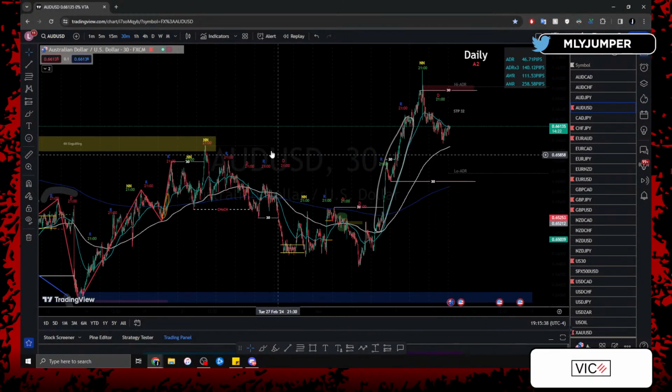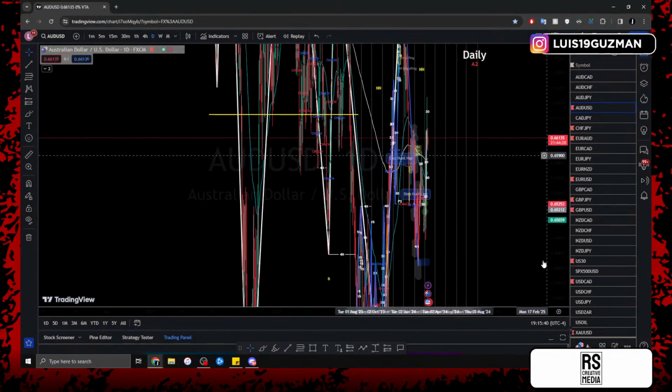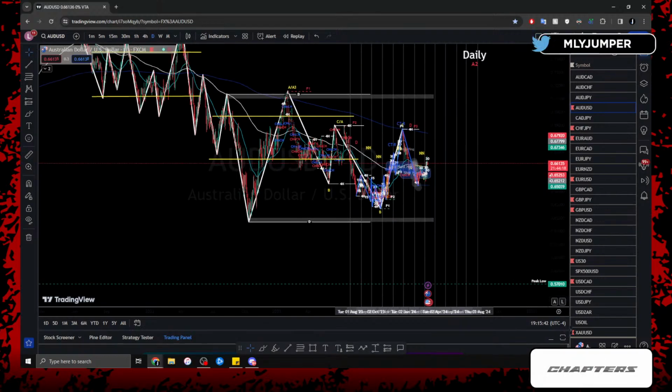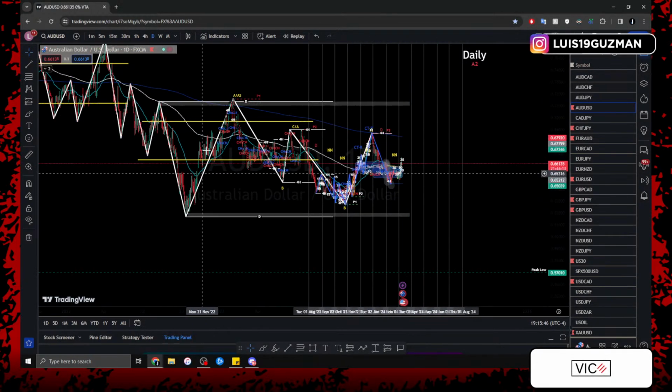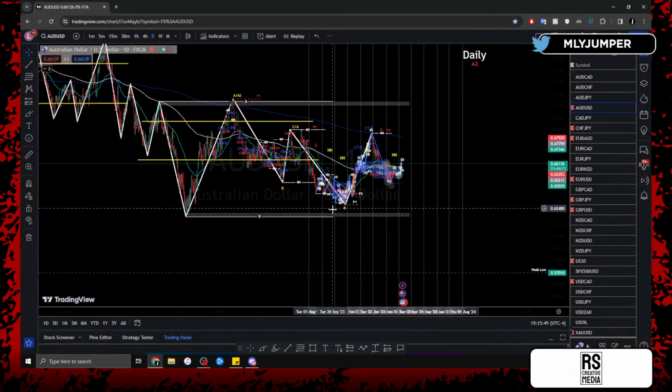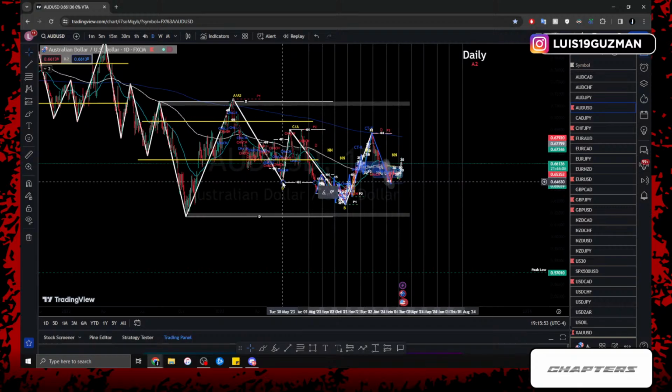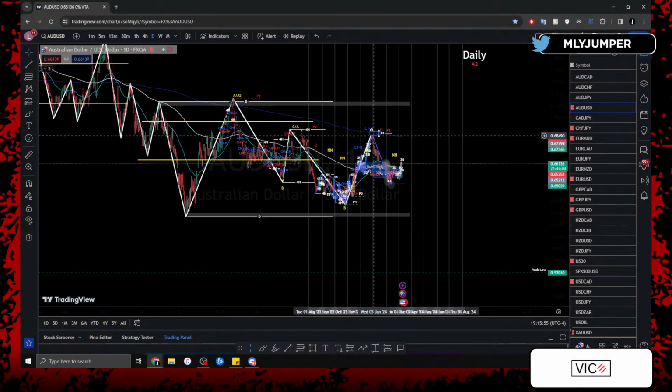So AU, let's start from the top to the bottom so we can know exactly where we're at. Daily time frame, we're fine. We're still between this lower low, lower high, lower low, lower high. Price rejected the lows here at the bottom, then started pushing up. Internally, we have lower low, lower high, lower low, lower high.